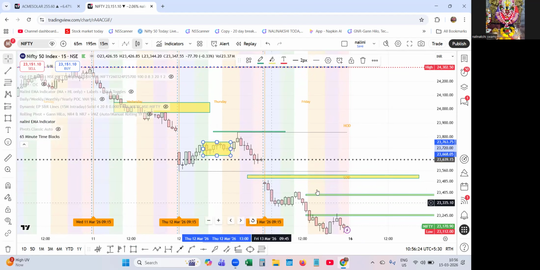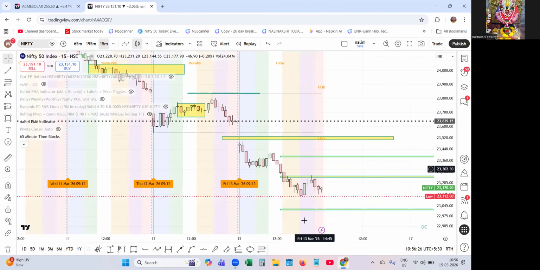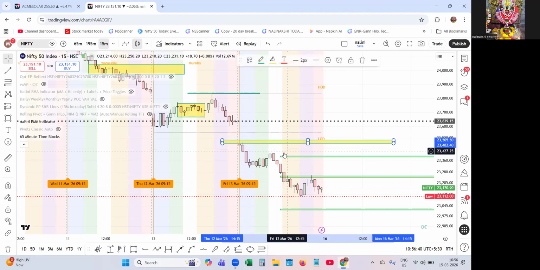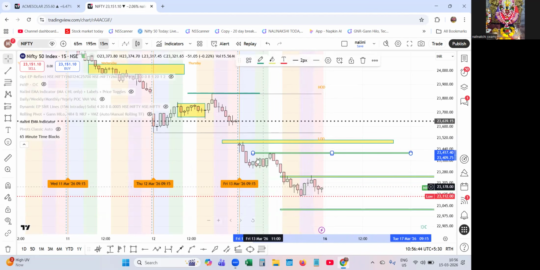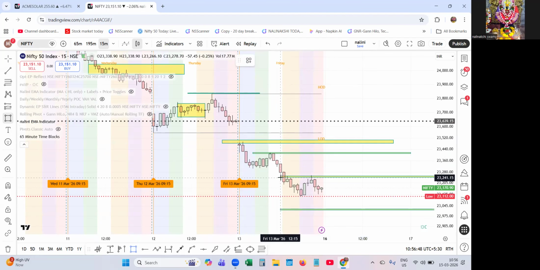When price dropped down, here you can see the price has already fallen. It is Friday, and the first hour, second hour, first hour high is the limiting level here. You can see clearly the price has fallen below this, and this is the 65-minute boundary.